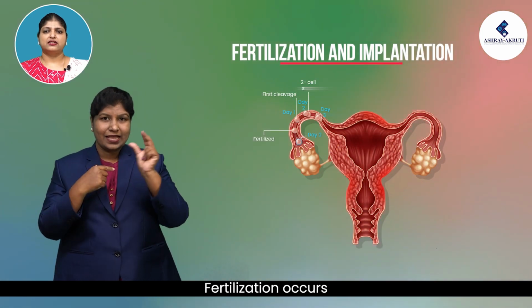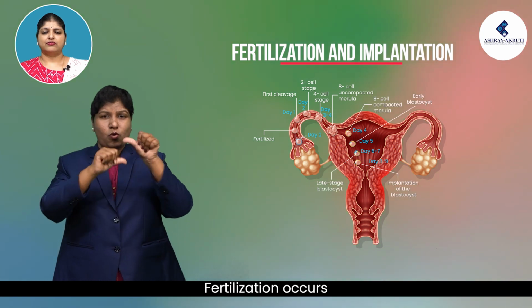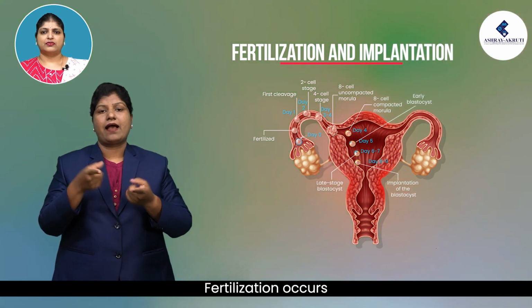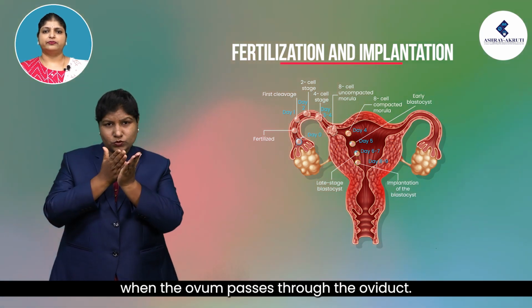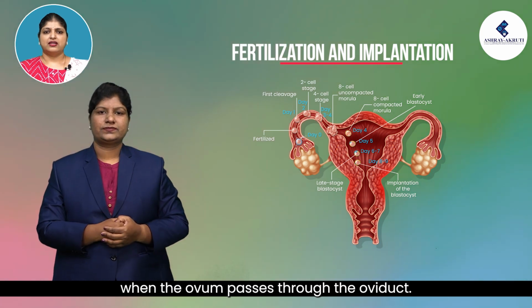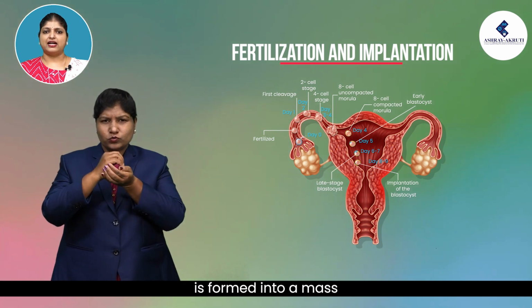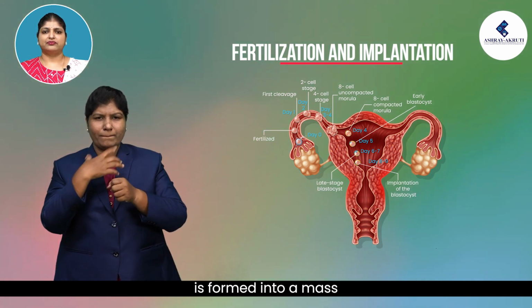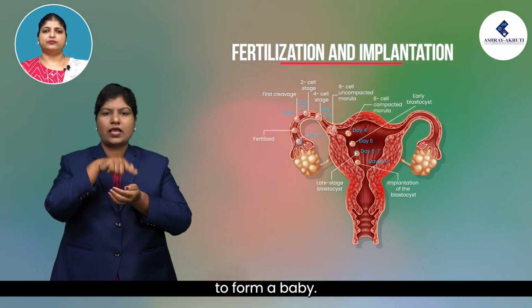Fertilization occurs when the ovum passes through the oviduct. The zygote is formed into a mass and grows to form a baby.